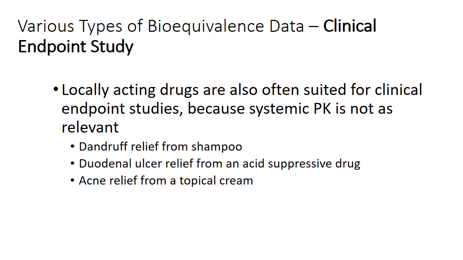You pretty much will be just looking, is the patient experiencing less episodes of breakouts, less severe breakouts, right? That's a clinical endpoint. So please understand that, again, usually pharmacodynamic and clinical endpoint studies, usually it's a local effect, right? Topical, we're not intending to get the drug in the blood intentionally, right?